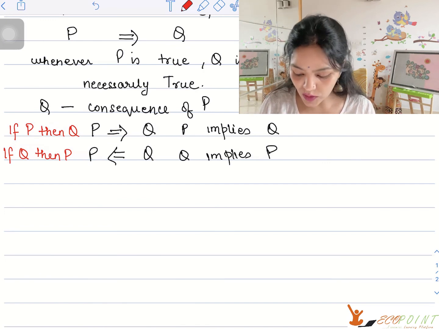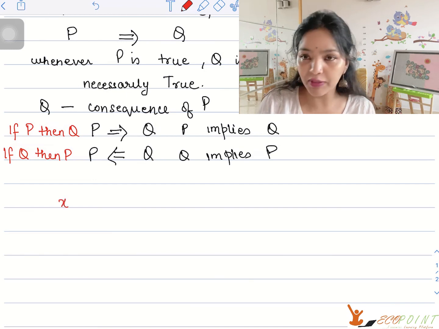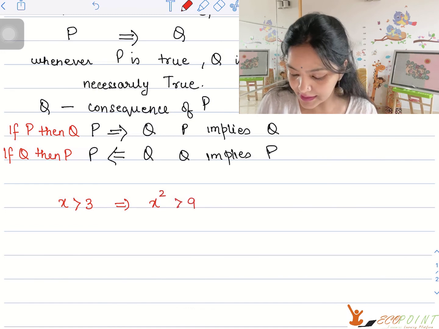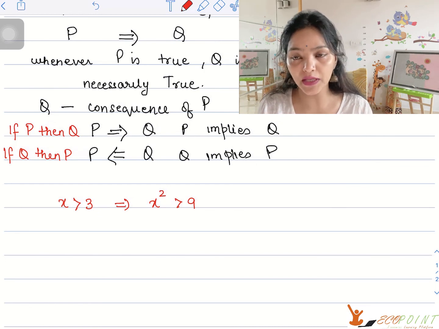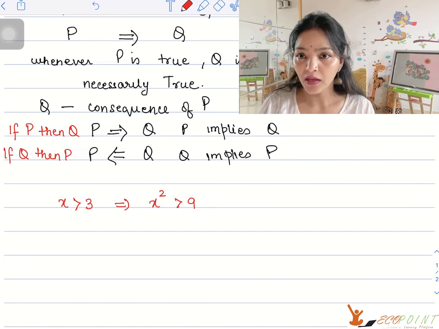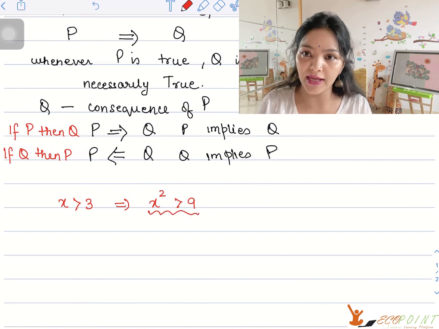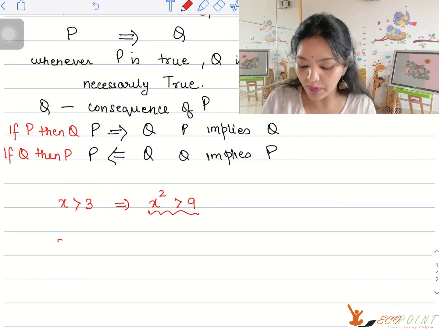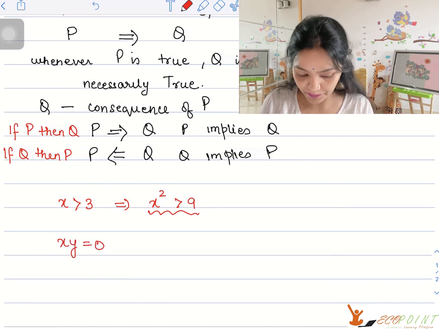Now, let me give you certain examples. x is greater than 3 implies x square is greater than 9. That's an implication because whenever you take x greater than 3, the square will always be more than 9. So this is implied by x greater than 3.